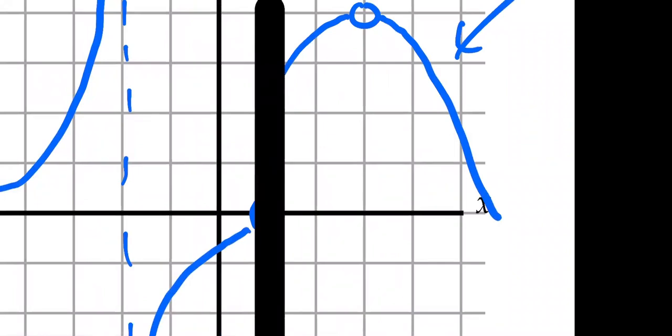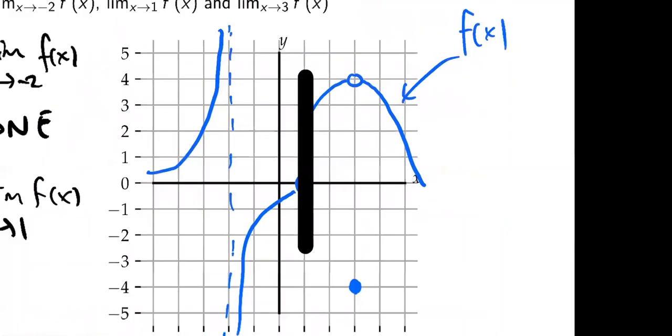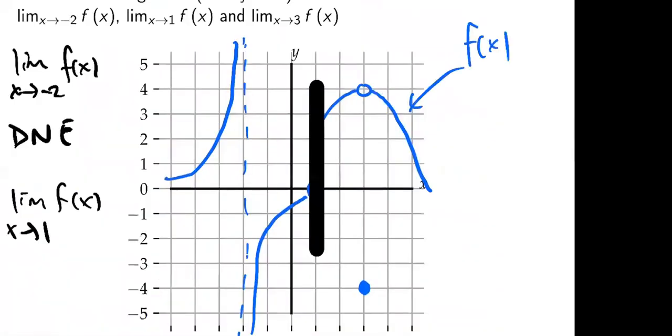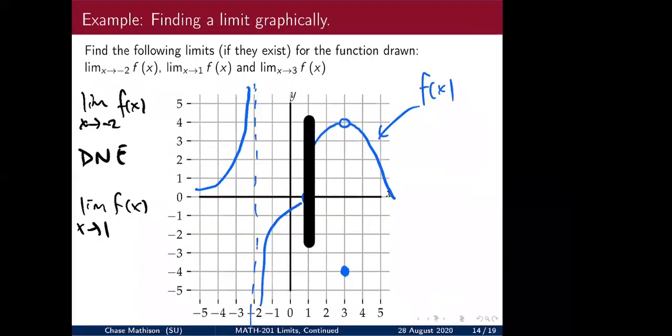From the right, it looks like I'm approaching 2. Because those two aren't the same number, f of x is not settling down to one thing. And so the limit here also does not exist. Okay, what about at x equals 3, the limit as x approaches 3 of f of x?